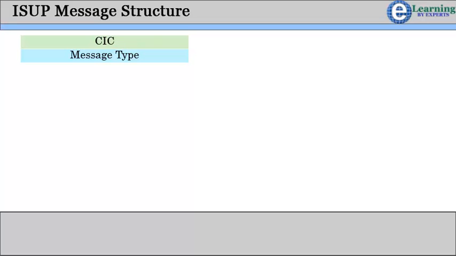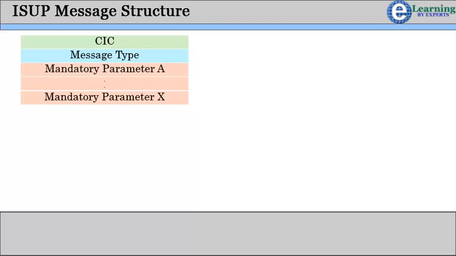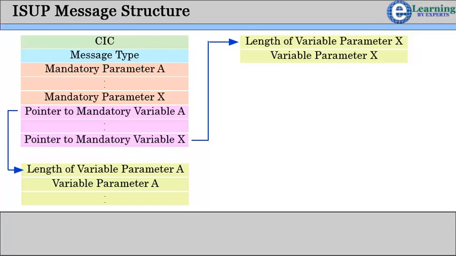Each message type defines the mandatory parameters that are necessary for constructing a message. The mandatory fixed variables do not contain length information, because the ISUP standards specify them to be of fixed length. Because the mandatory variable parameters are variable lengths, pointers immediately follow the mandatory fixed part, to point to the beginning of each variable parameter.